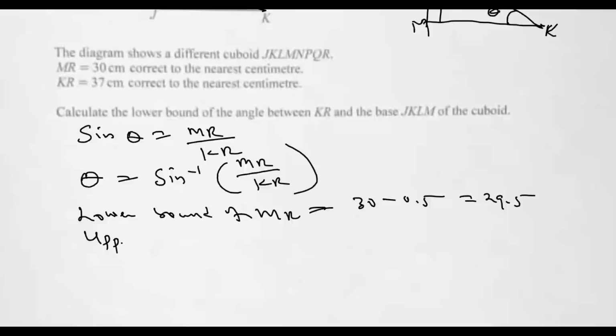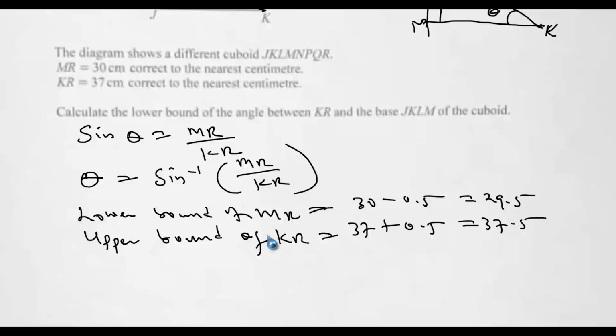So the upper bound of KR will be equal to 37 plus 0.5, and that will be 37.5. So that means the lower bound of the angle will now be theta equals sine inverse of 29.5 over 37.5. Okay, so let's scroll down a little bit.